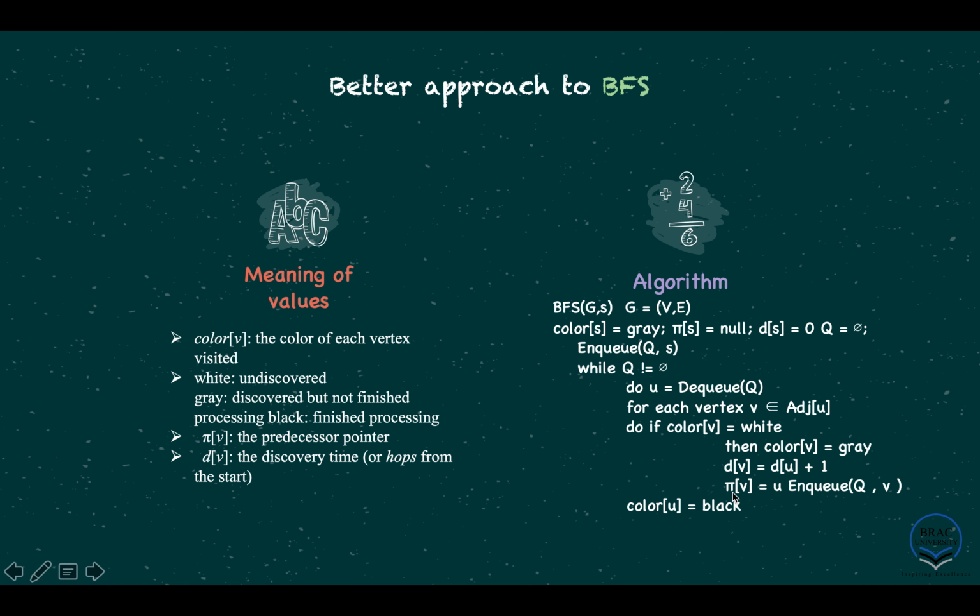We then set pi V equal to U, and also enqueue V into our Q. At the end we color U black because we have done visiting our element U.